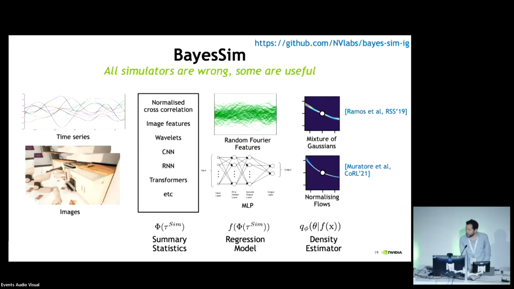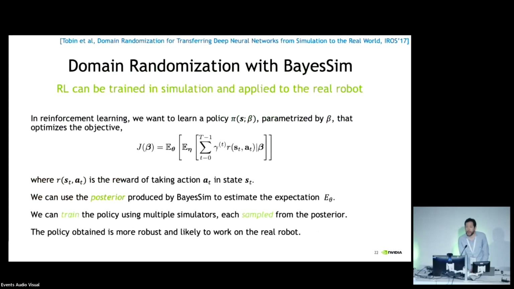But what is quite interesting is that if you have a posterior, you can then try to train a policy on this posterior. And one way of doing it is through domain randomization. So domain randomization was proposed in 2017 as an idea of averaging over different realizations of reality and learning a policy by optimizing this function J. But usually this was done over the prior.